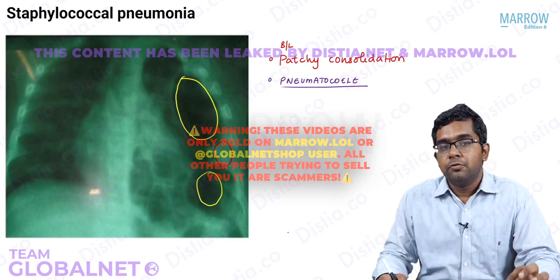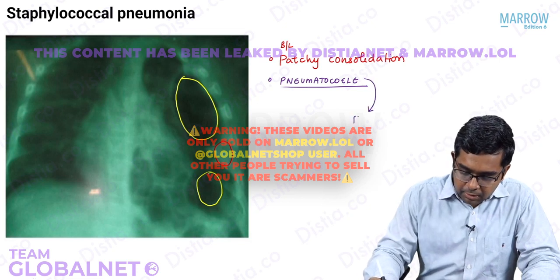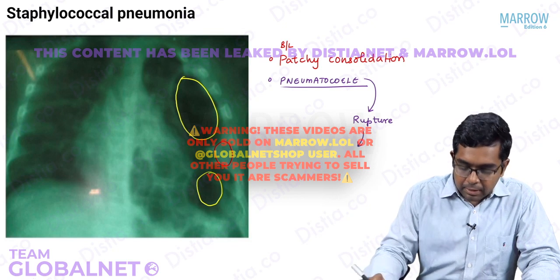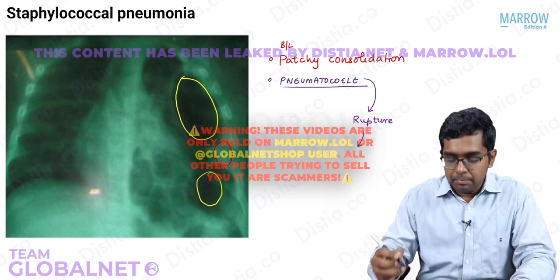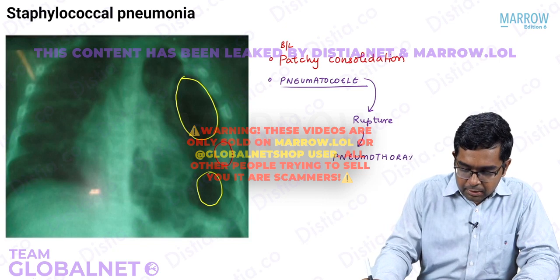It is also one of the important features which should be followed up very seriously, because sometimes a pneumatocele can rupture. And what can happen? The air can enter into the surrounding pleural cavity, causing what problem? Pneumothorax. And this we all know is a very dangerous condition.